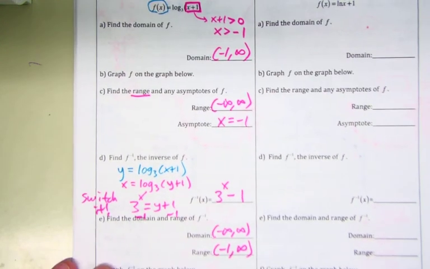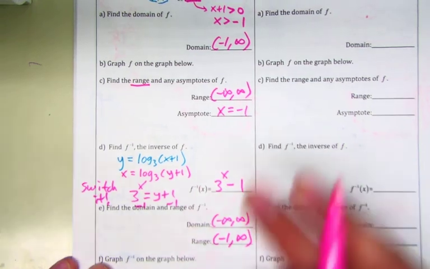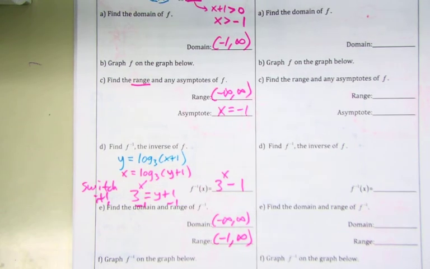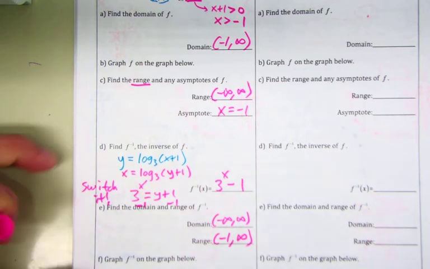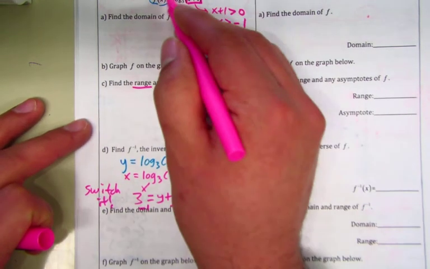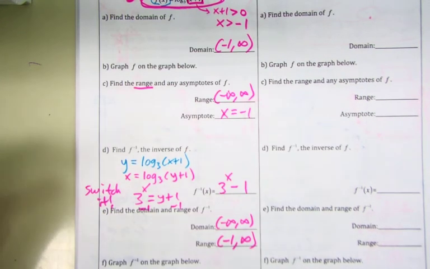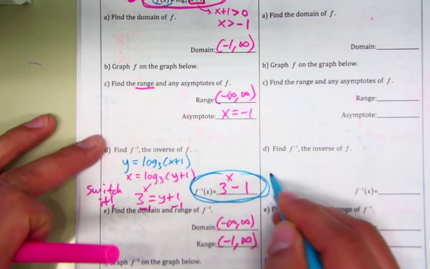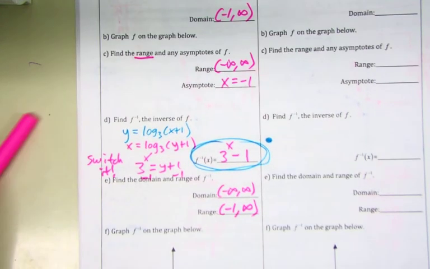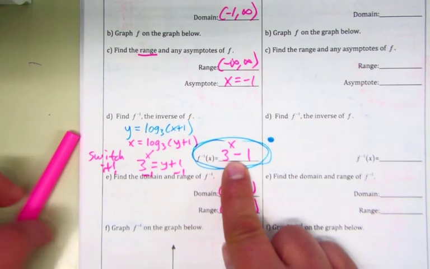All right. So as far as the graphing is concerned, once you have all these details, I'll do the original in pink, and I'll do the inverse in blue. Let's start with this one because it's a lot easier to graph.